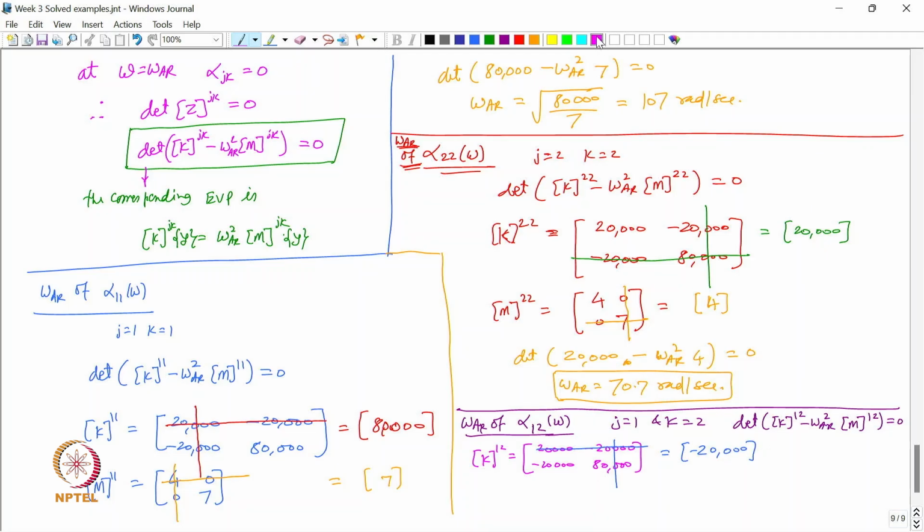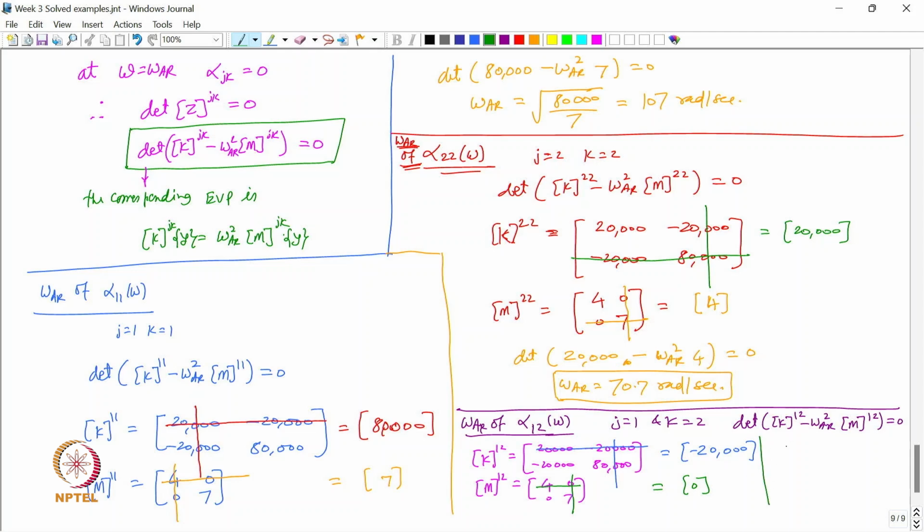Similarly, if I now determine M12, which is 4007, and if I now strike off the first row and second column, then I get 0, correct.